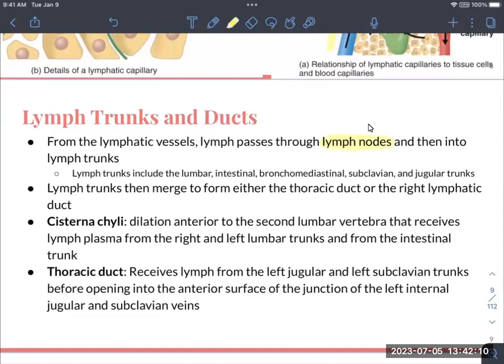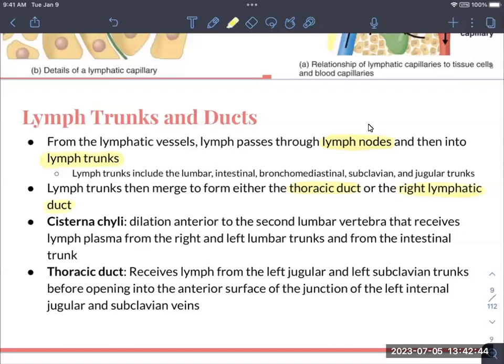After they go through lymph nodes, they turn into lymphatic trunks. They're getting larger and larger, and before they drain into our blood, there's only two ways they can get into our blood. It's either through the thoracic duct or the right lymphatic duct.